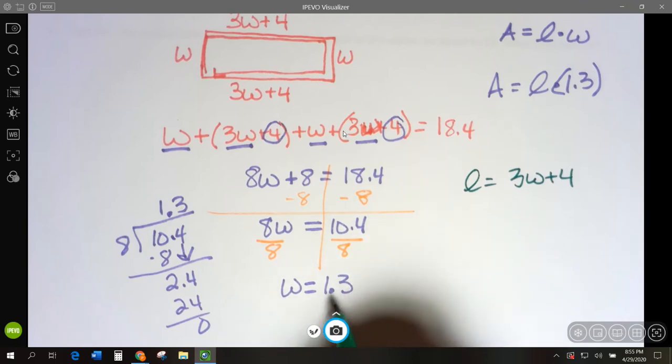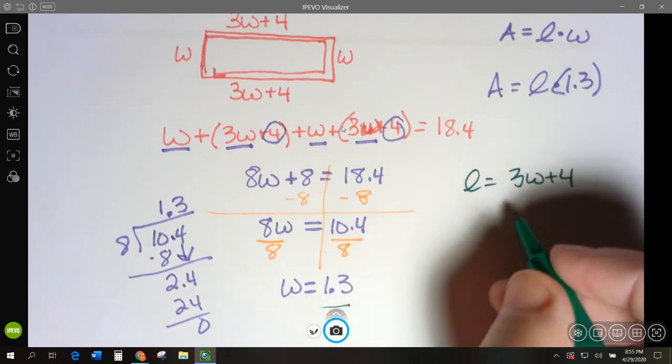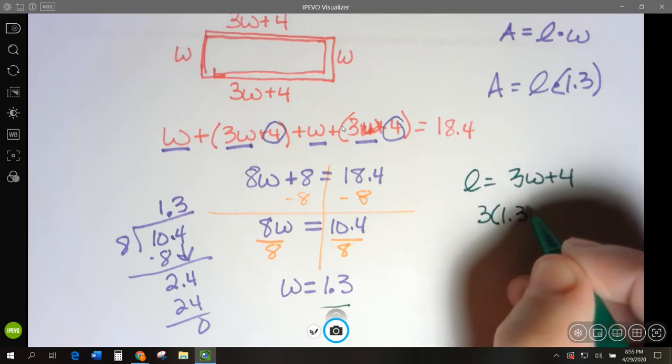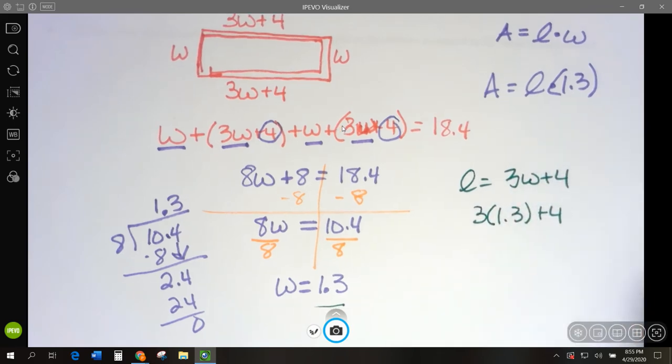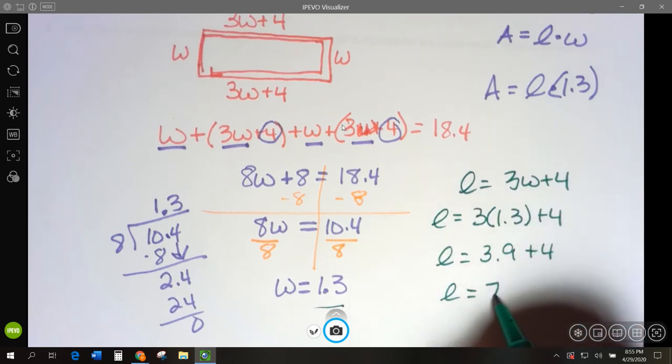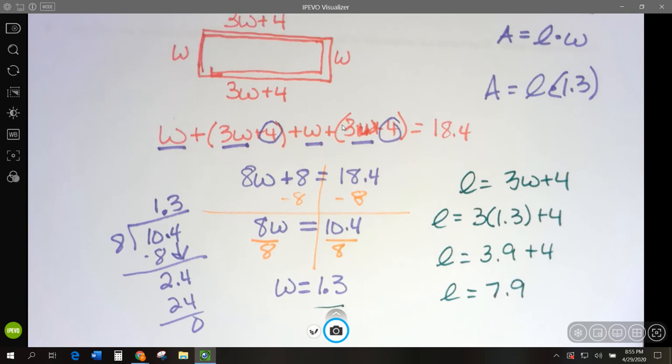And for W, we're going to use the 1.3. So we're going to have 3 times 1.3 plus 4. So my length is going to be 3.9 plus 4. So my length is going to be 7.9.